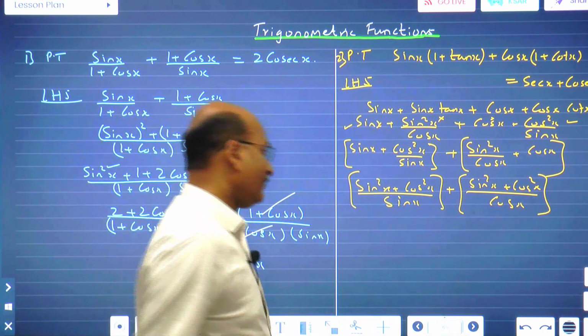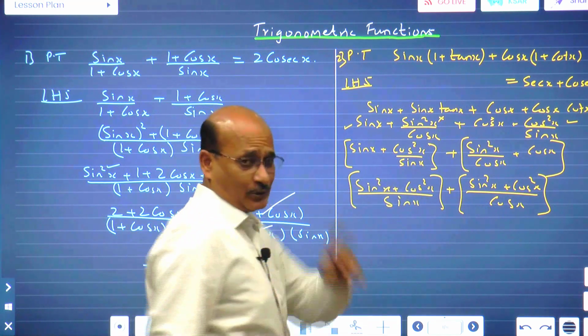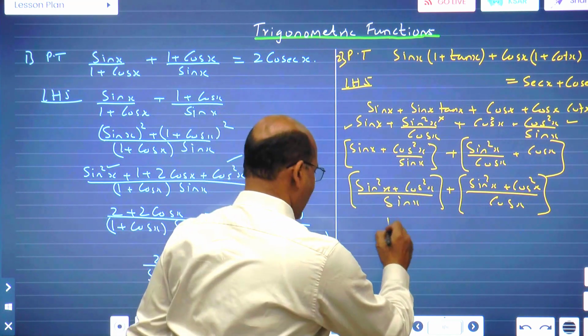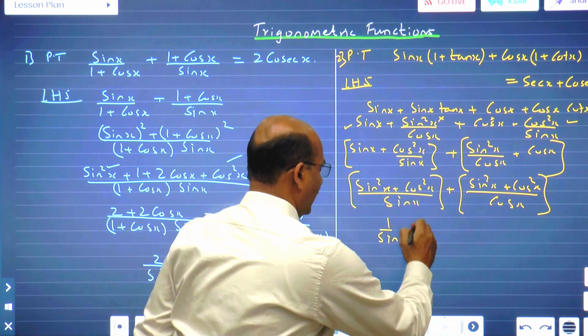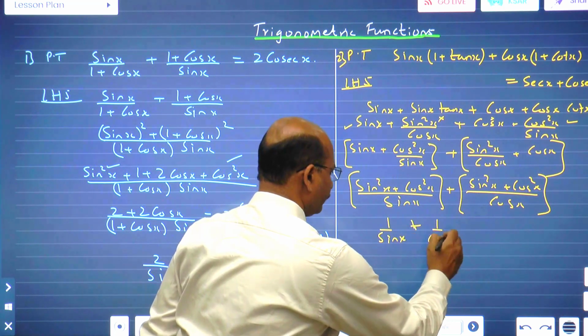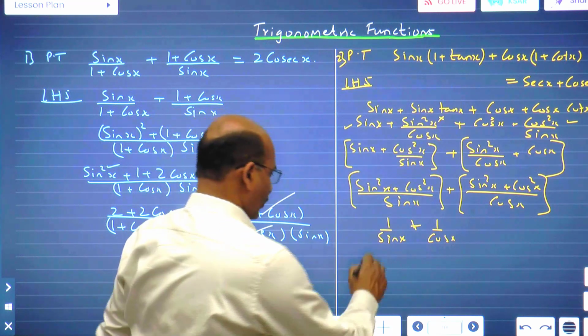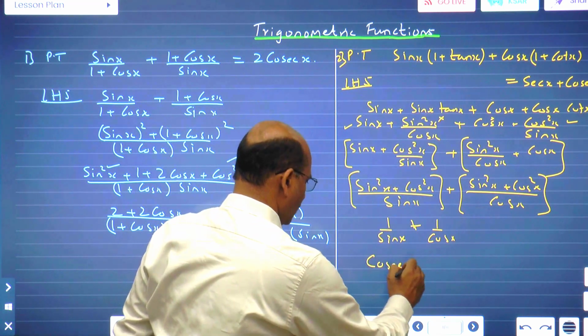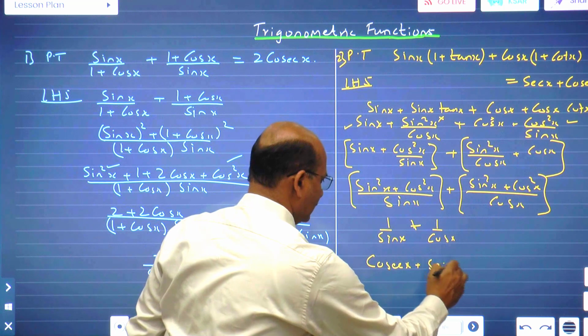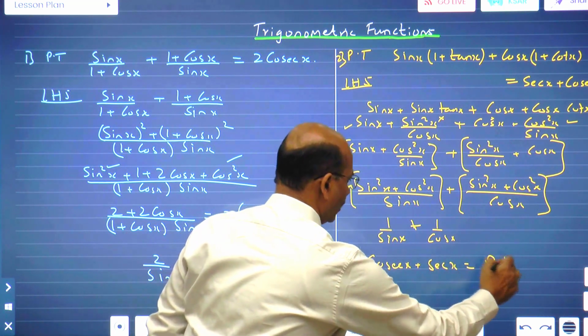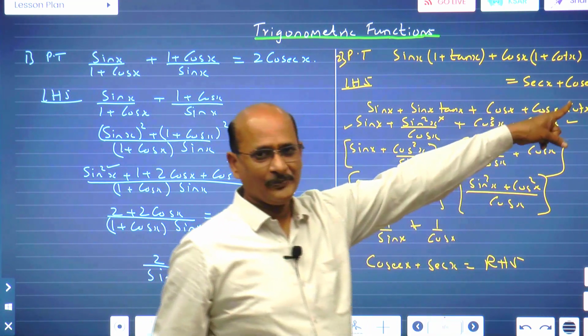Thumbs up, because sin square x plus cos square x is 1. So 1 upon sin x plus 1 upon cos x. 1 upon sin is cosec x plus 1 upon cos is sec x, which is equal to RHS.